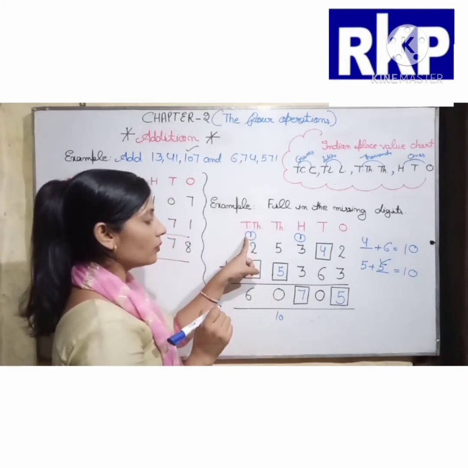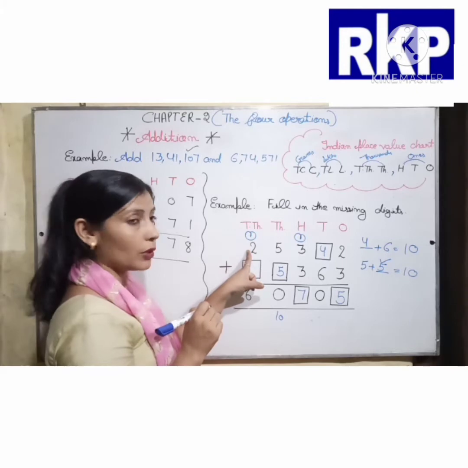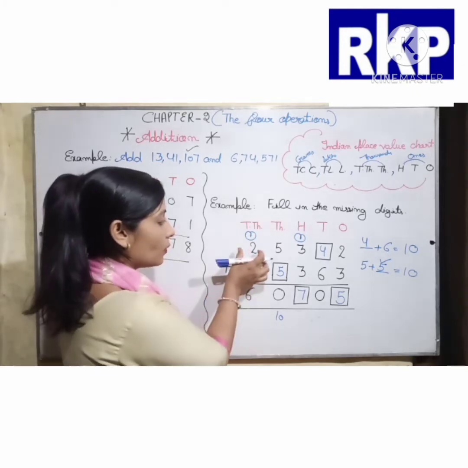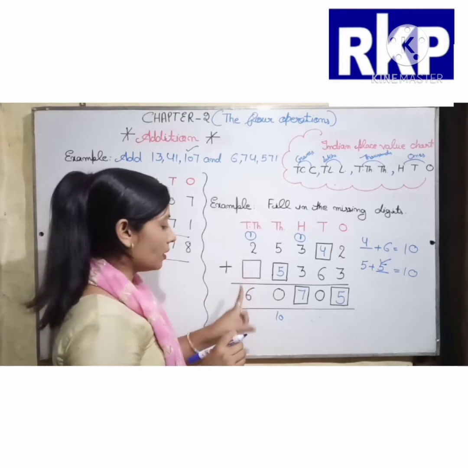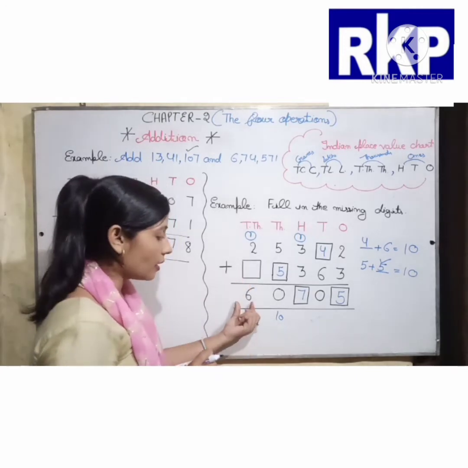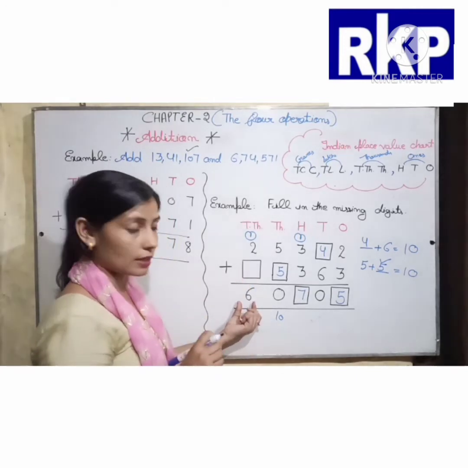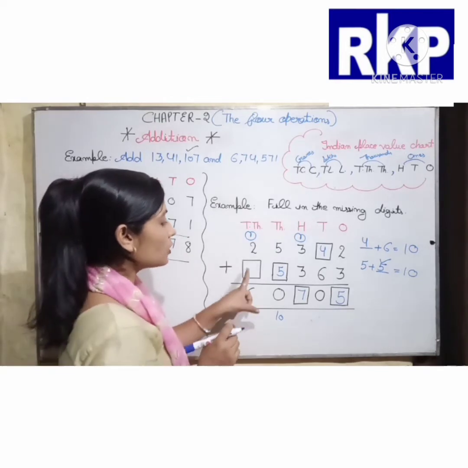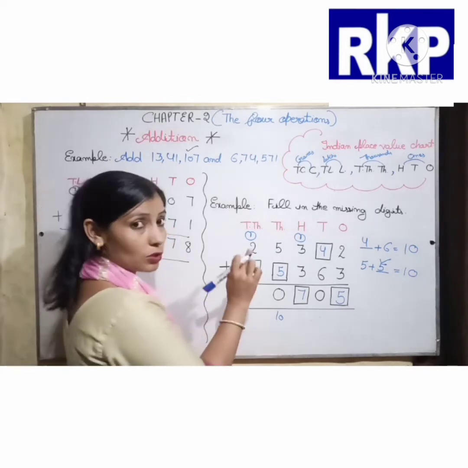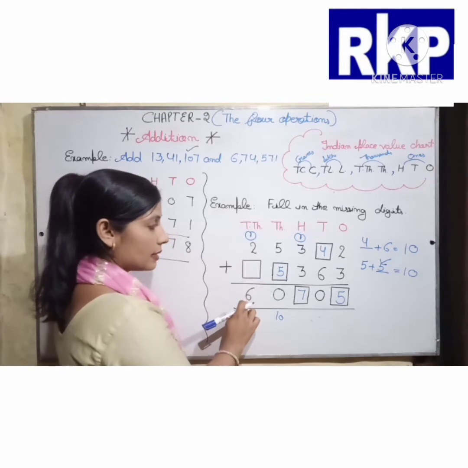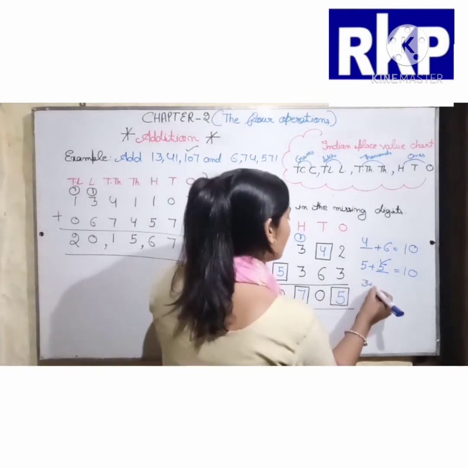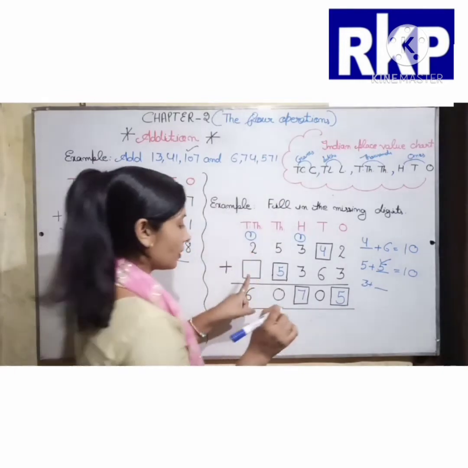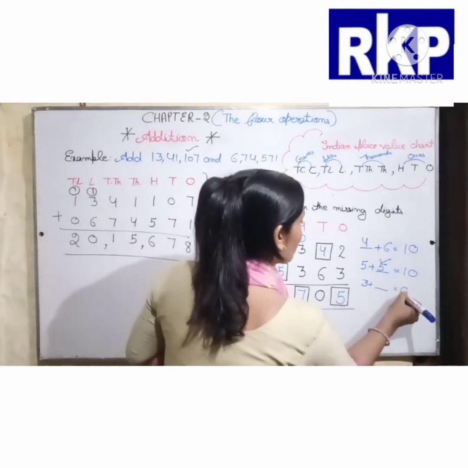Now we have here 1 as carry, here 2 as the first addend, and here we have to write any digit, and here as the answer we have 6. So beta, what should be written here to get 6? Here we have 1 and 2, which means 3, plus something is equal to 6.